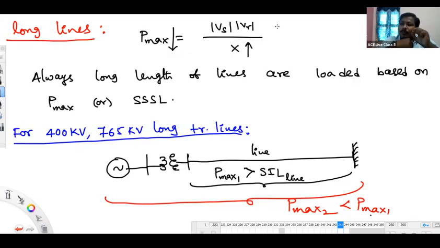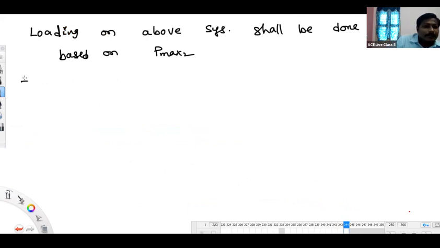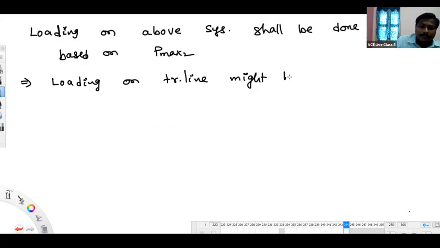That's why, to maintain good stability for the system, particularly for 400 kV and 765 kV lines, loading less than SIL is more practical, right? So that implies loading on the transmission line might be lower than its SIL.